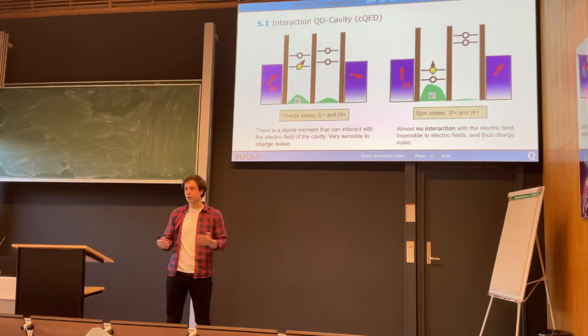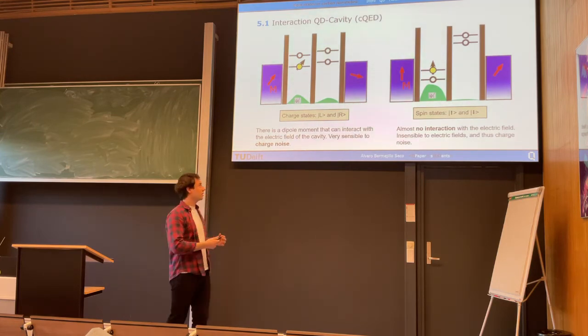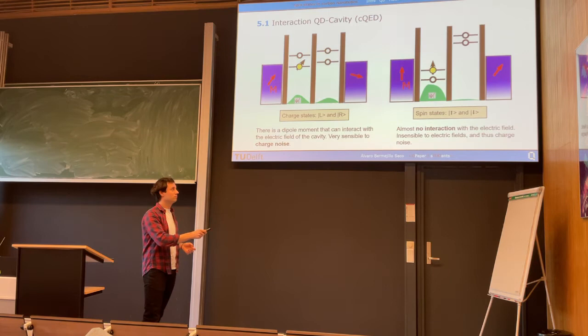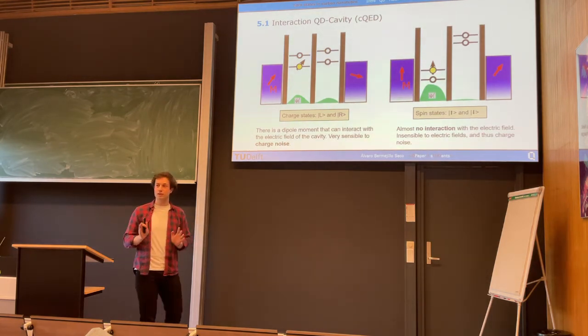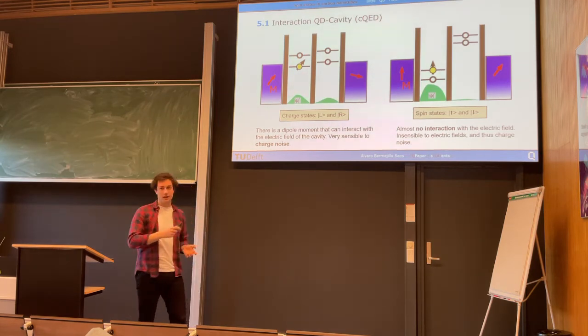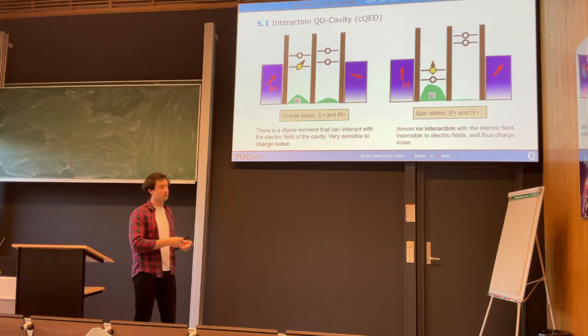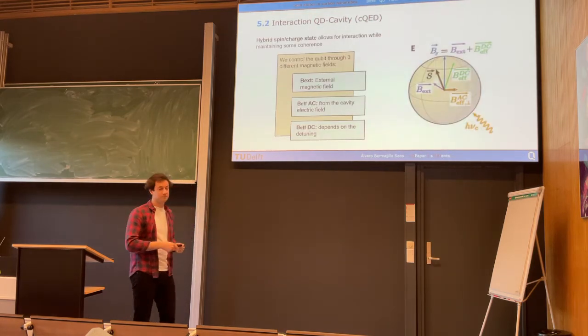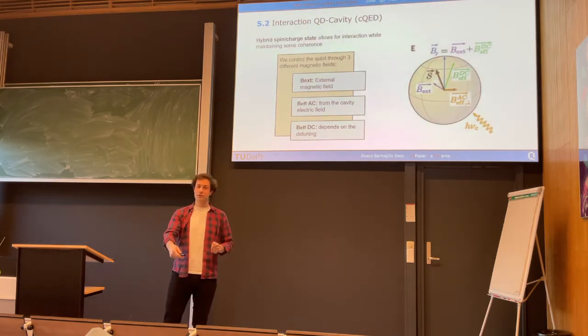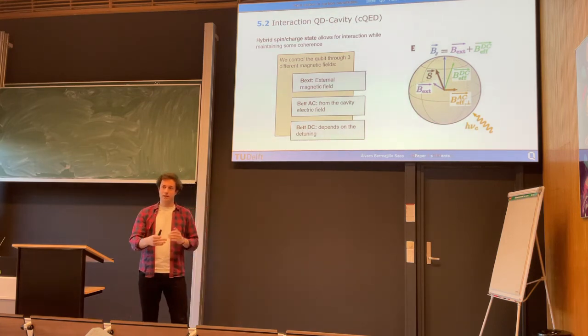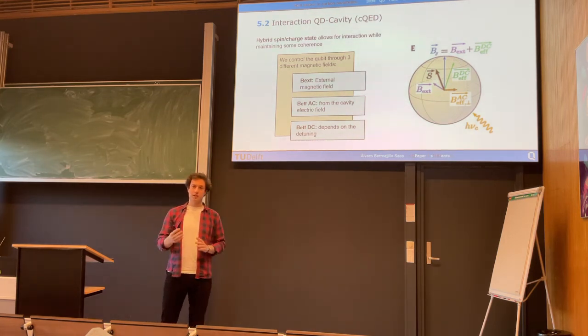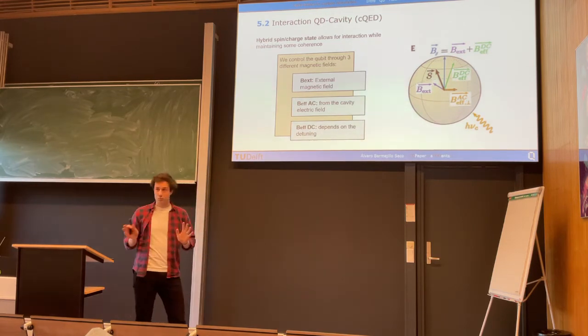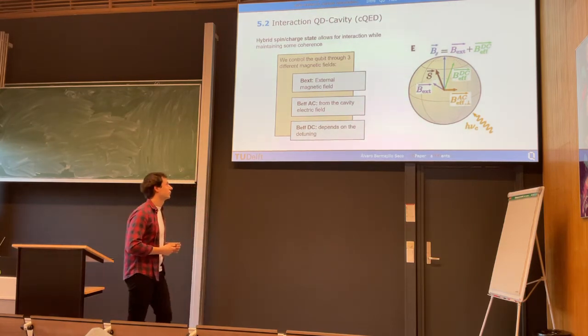Well, I could do it, but with high magnetic fields and whatsoever, which is kind of difficult. But if I have mostly spin state, but a little bit of charge state, so I'm somewhere in the middle, I can do it with electric fields, because charge states know about electric fields. So if I go to a spin state, and I throw a microwave, I can somehow drive this qubit and change its state. It's a bit of a weird idea, but this is how it works.